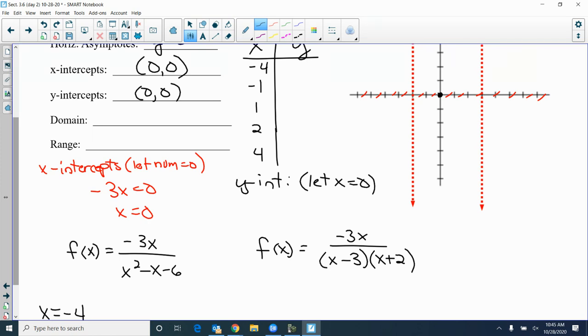Which means you just have to take your time and plug those in. Not nice numbers, but that's okay.